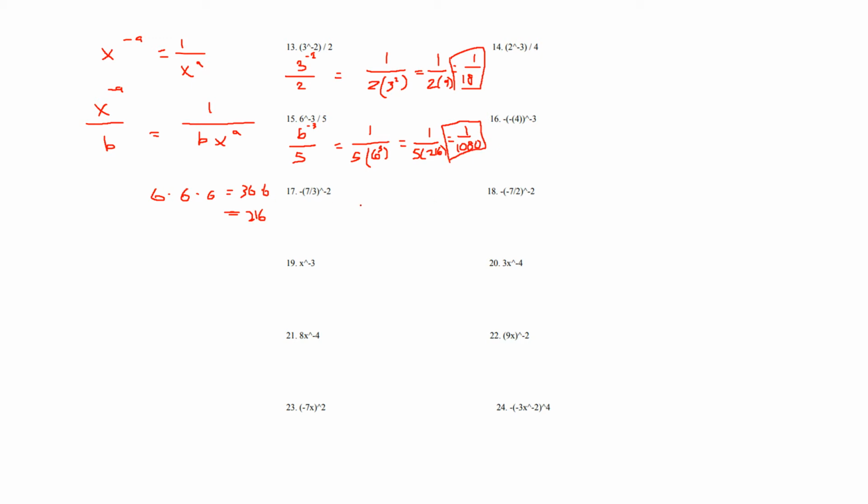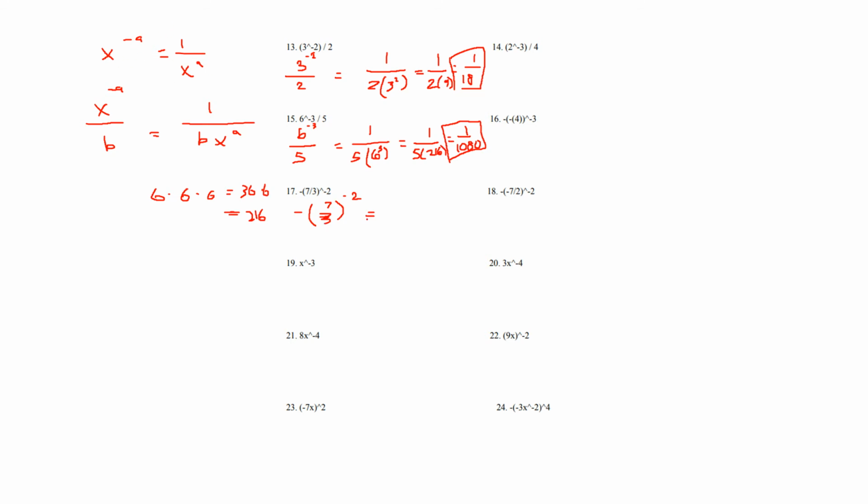Okay, let's try doing number 17. This is negative 7 over 3, to the power of negative 2. Alright, so to do this problem, what we're doing here is basically making the reciprocal of this, right?